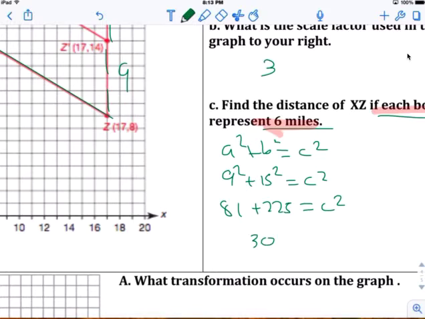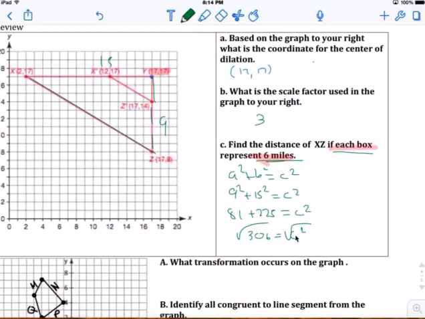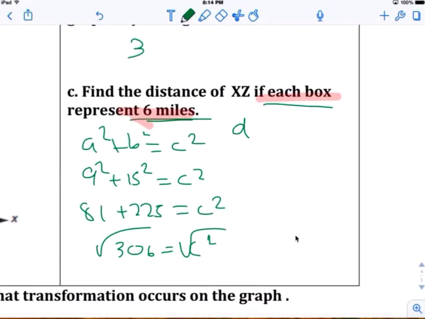306 is c squared. Take the square root. Square root of that, I don't know. But whatever your answer is, make sure you times it by 6 miles. So the distance of whatever this answer is, 16 squared is 256 or 286, I'm not sure, 17.